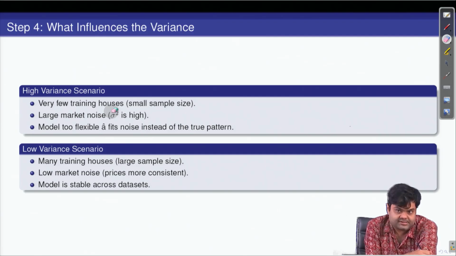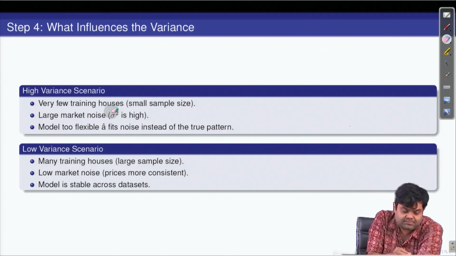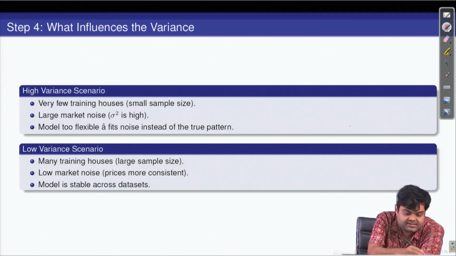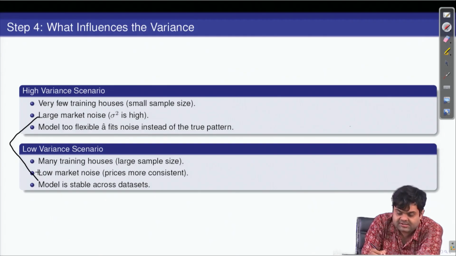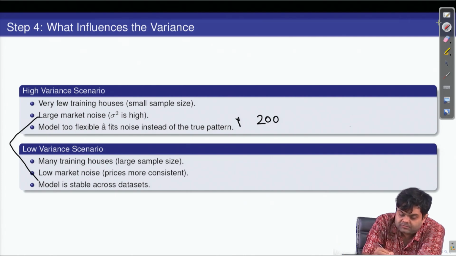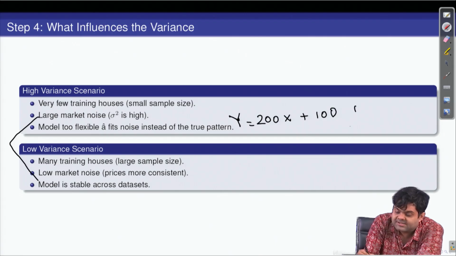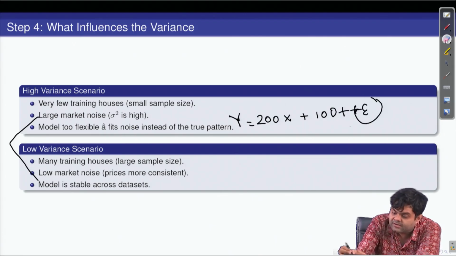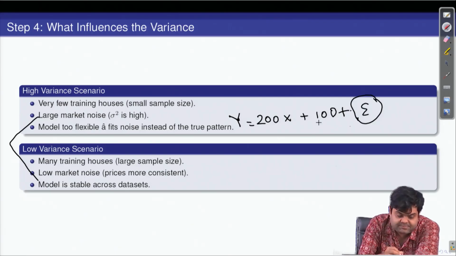Now the market noise, that is the inherent noise, is essentially this: you wrote y equal to 2x plus 100 plus epsilon, the inherent disturbance that is coming from this epsilon.